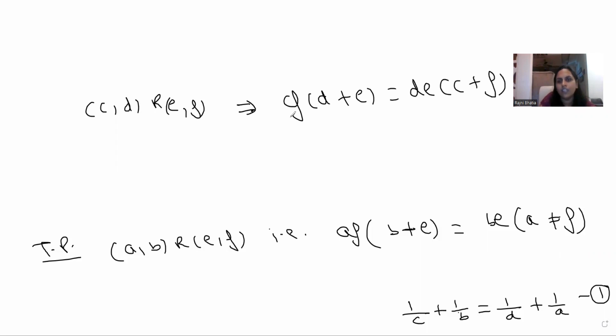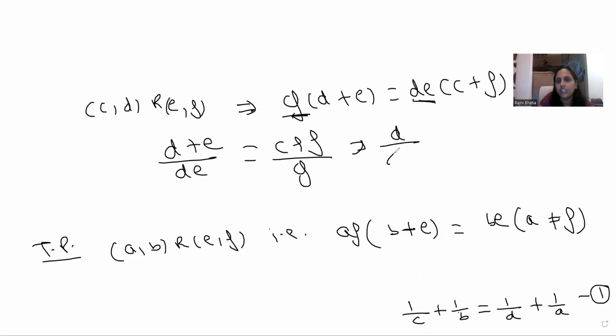We are going to do the same thing. We'll shift CF to right hand side and we'll shift DE to left hand side. So D plus E upon DE is equal to C plus F upon CF. Now we are going to split it. D upon DE plus E upon DE equal to C upon CF plus F upon CF.